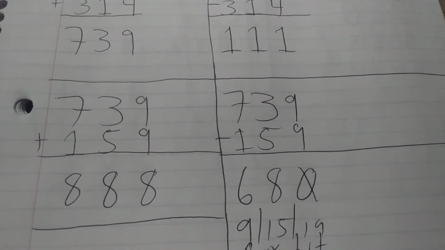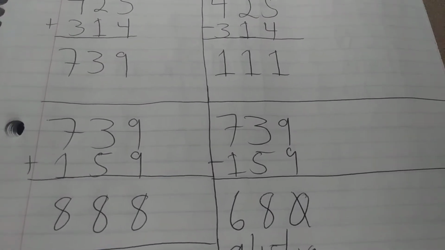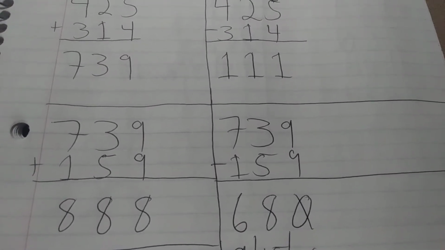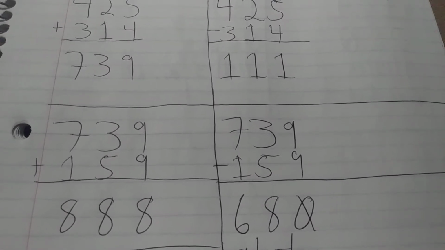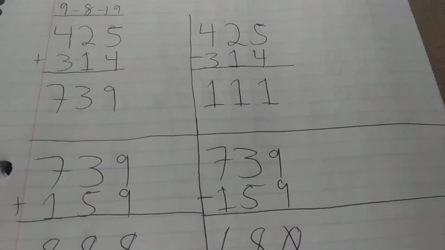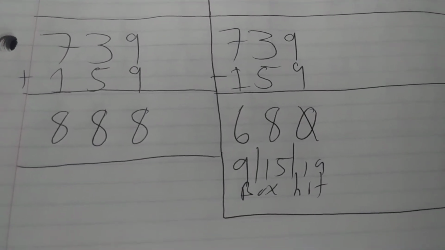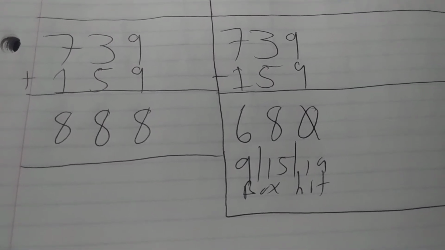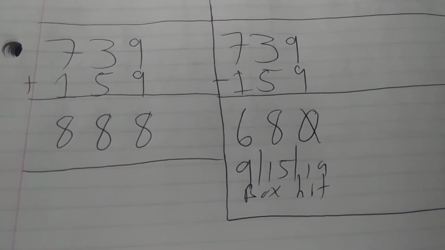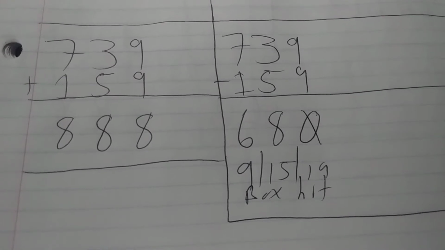You also add 159 and minus off 159 from that 739, which you got from up here. So 7 plus 1 is 8, 3 plus 5 is 8, and then 9 plus 9 is 18, or 8.